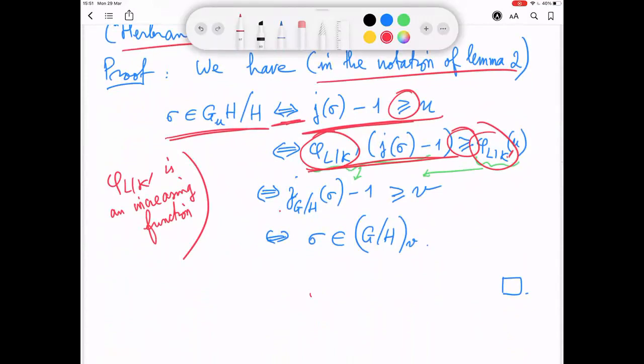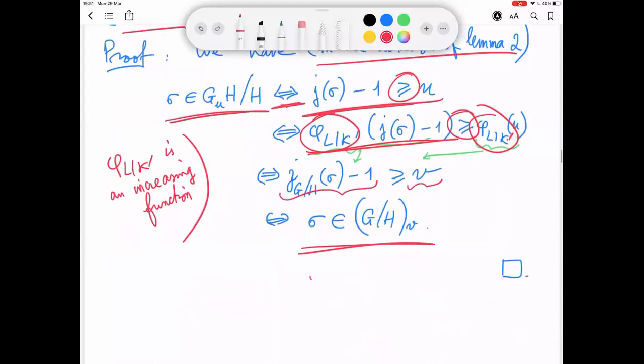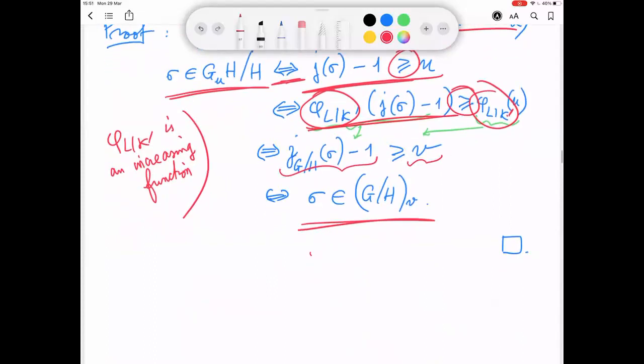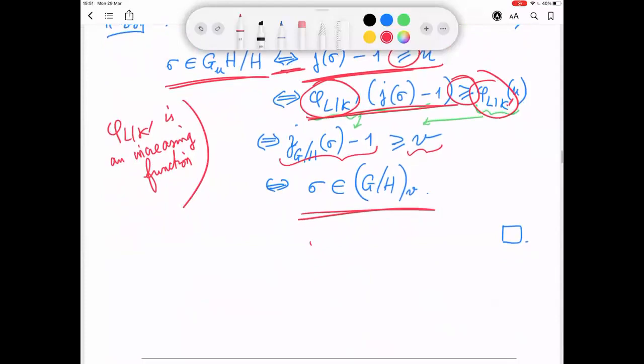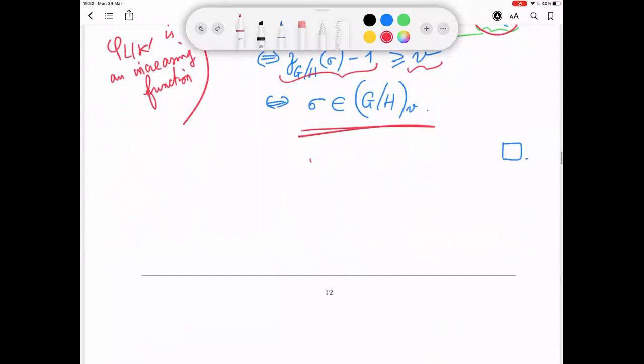So now we have seen that the left-hand side is this, and this is V by definition, and that amounts to saying that sigma is in (G mod H)_V. So I admit that these things have become slightly technical, but soon we will have proved the statements, and then you just need to remember the statements, which are very simple. The statements that we get are very simple: phi and psi are transitive.